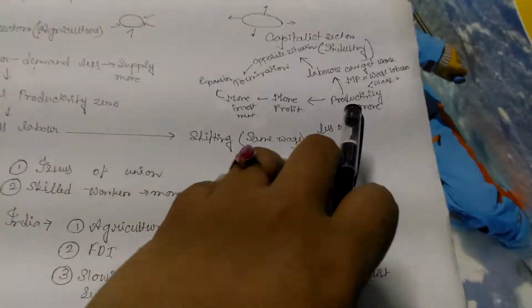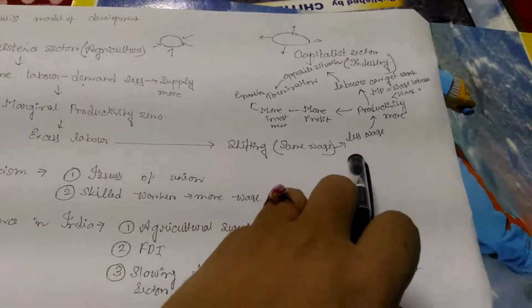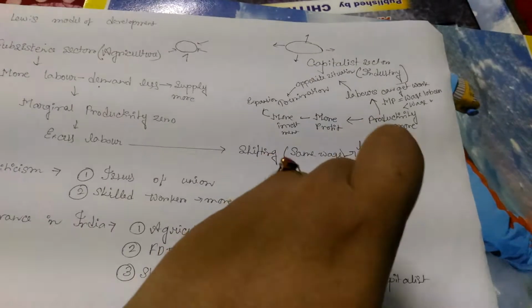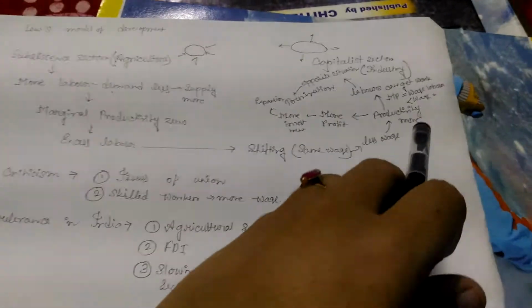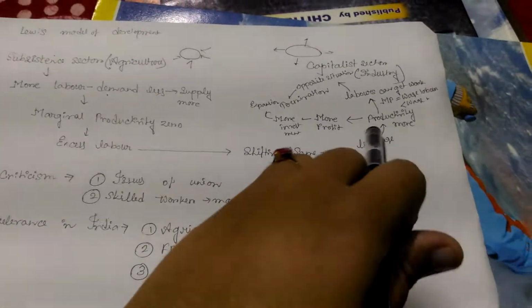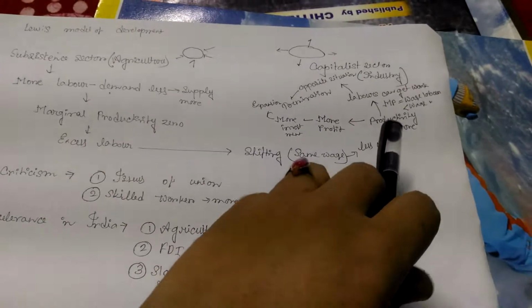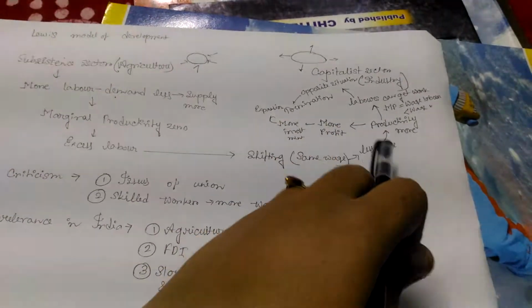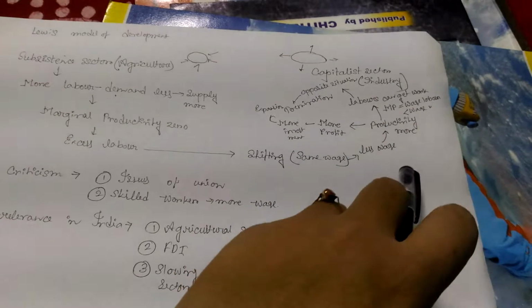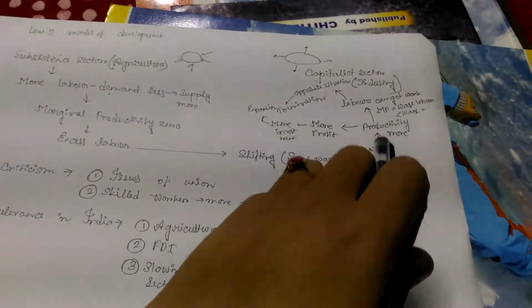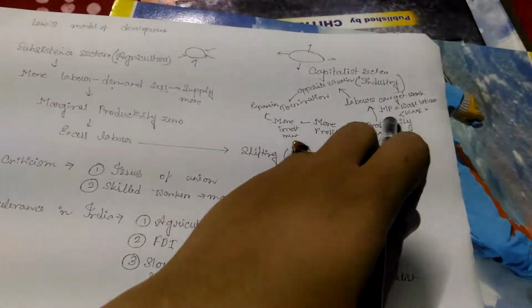And that's why, as the demand is less than the supply, all the time in the capitalist sector the industrialists get the opportunity to force them to work for the least wage, and that's why their productivity will be higher.